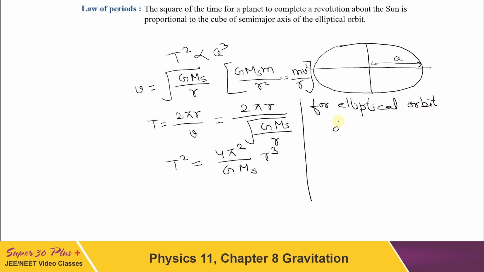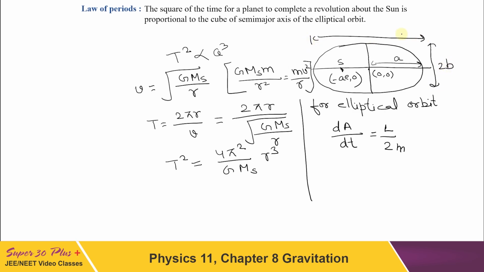We have to write first the second law, which states that dA by dt is equal to L upon 2m. Now, as you can see, the center of the ellipse is taken as origin. We can write the coordinate of the focus, where we are assuming the sun is positioned, to be equal to minus ae, 0, and this being the semi-minor axis b, the whole distance can be written as twice of b, and this distance is equal to 2a.